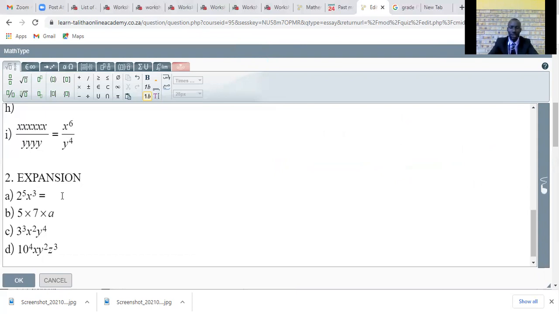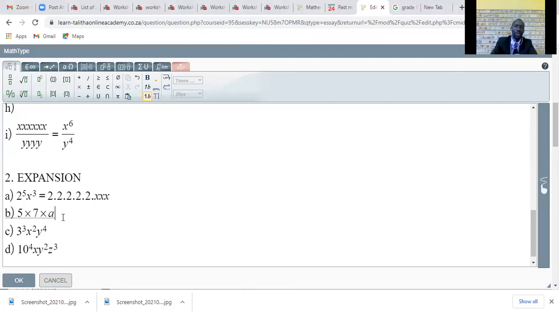And so 2 for the first time, 2 for the second time, 2 for the third time, 2 for the fourth time, 2 for the fifth time. Then x is appearing 3 times. We have x, x, x. Yes, that is what we're going to have as the answer for the first one. Now we have expanded it.